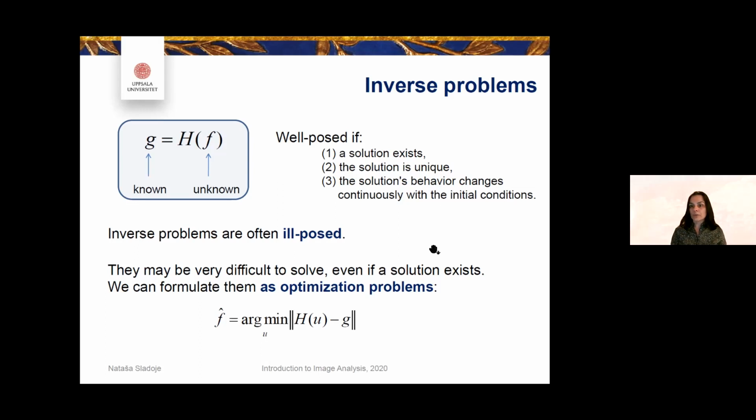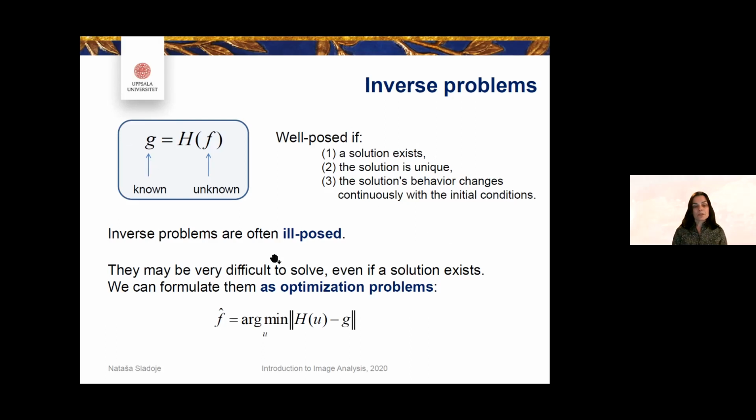So the way I change my initial conditions, I slightly change whatever I have, my solution to the inverse problem will smoothly, continuously follow my changes of the initial conditions. So I can have good control of that unique and, first of all, existing solution.